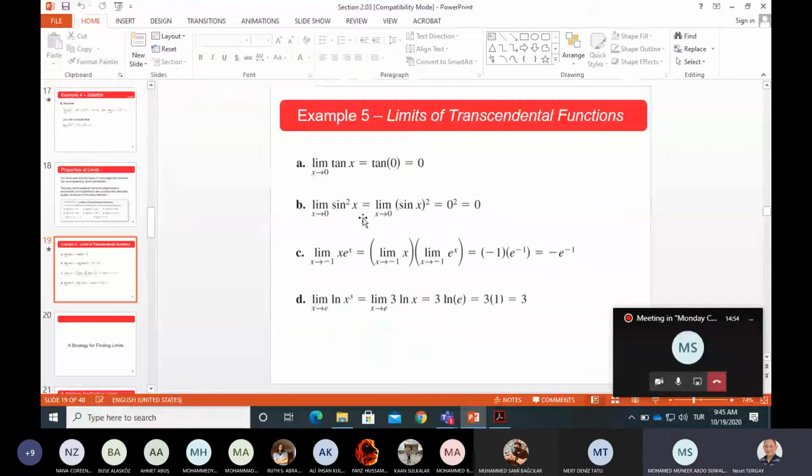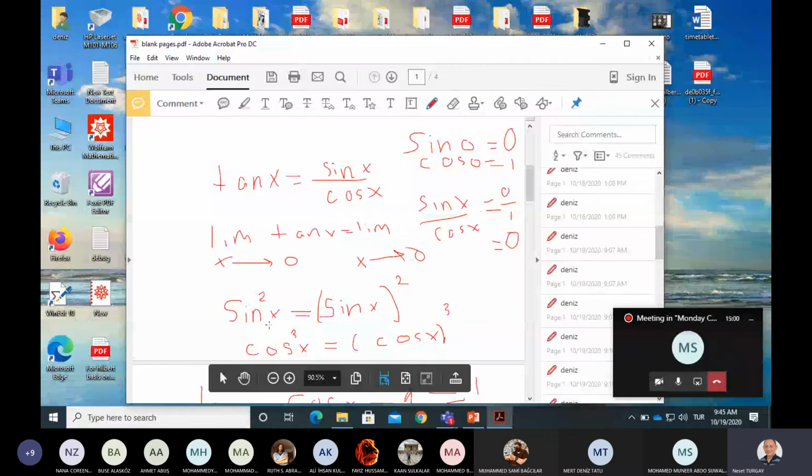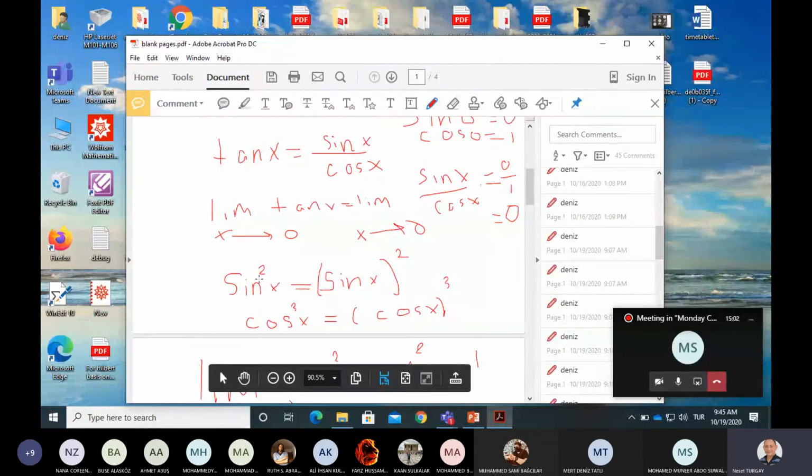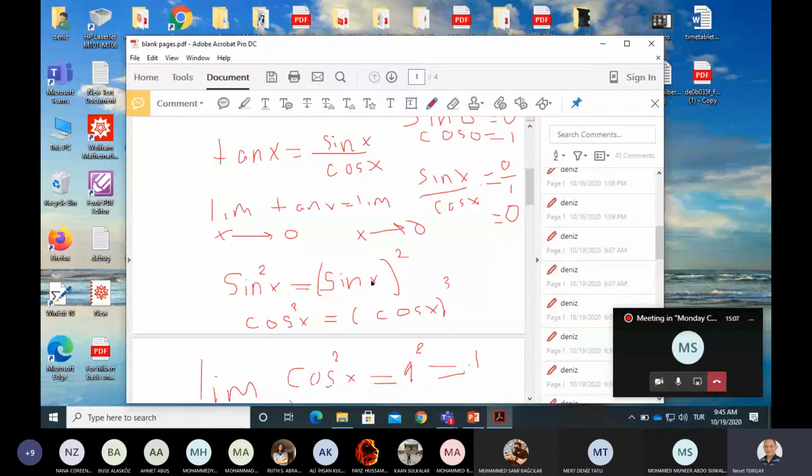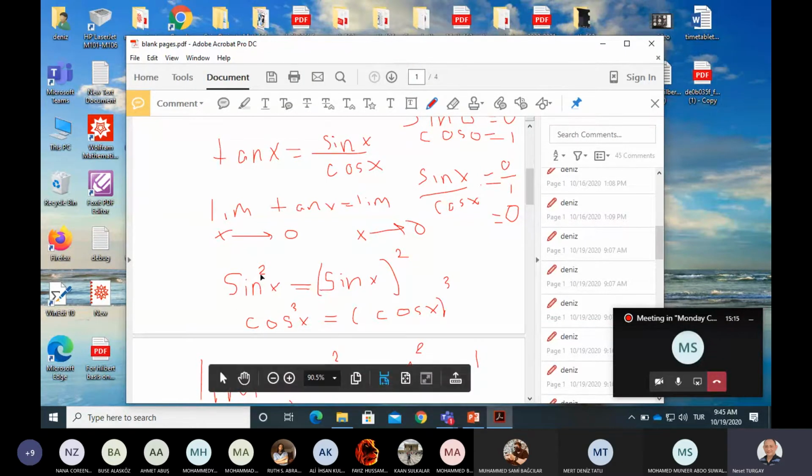My friend, we have a notation here, a terminology. Beforehand, from this PDF, I want to show you. Can you see that? You have this power, sine square x, so this is the square of sine x. But instead of this, we usually write it like that: we write the power 2 just before x.